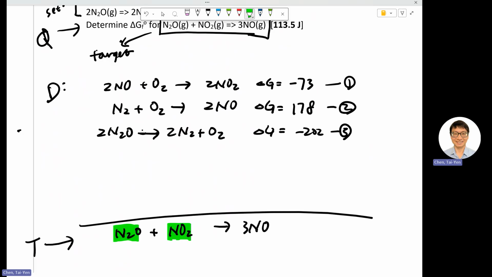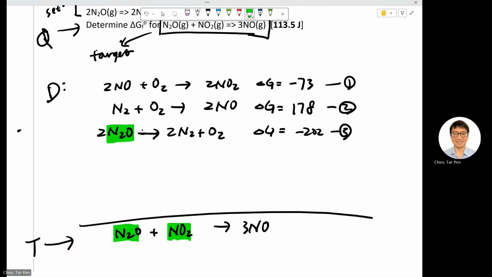First, N2O, right? That's the only place you can find your N2O. That means you're going to use that equation. And N2O in that equation is already on the reactant side, meaning it's at the right location. You don't need to flip the chemical reaction. However, they are different, because in equation 3, the coefficient in front of your N2O is 2.